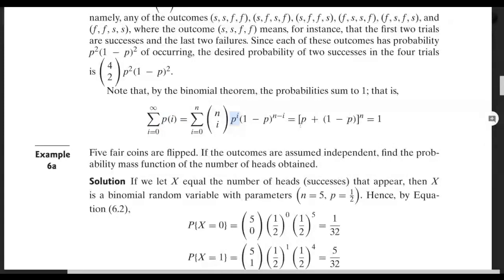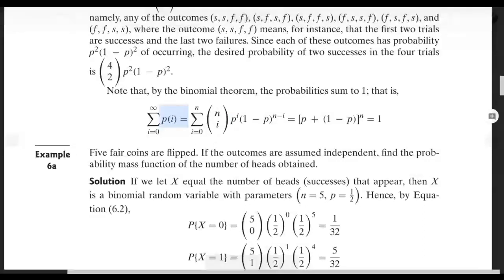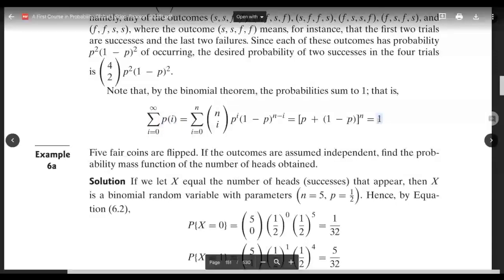Then this can be simplified to be, hold on a second. Okay, so this is infinitely many trials, right? The probability of success, for infinite trials, has to add up to be 1.